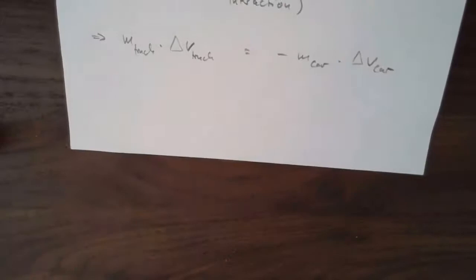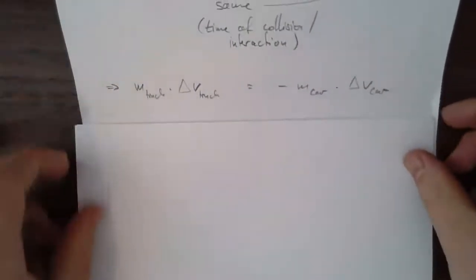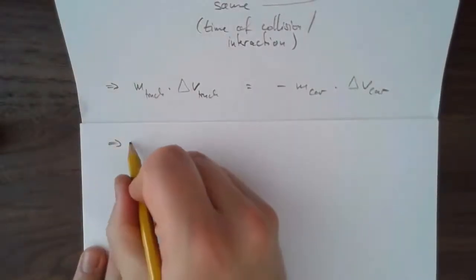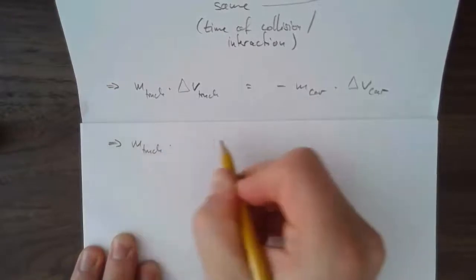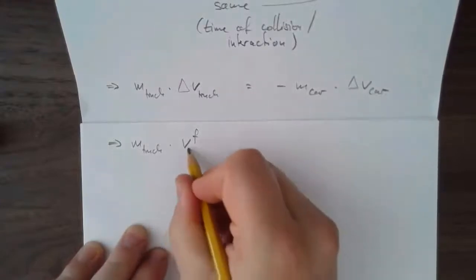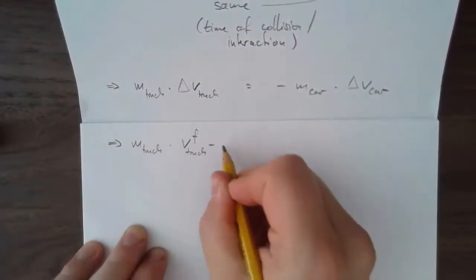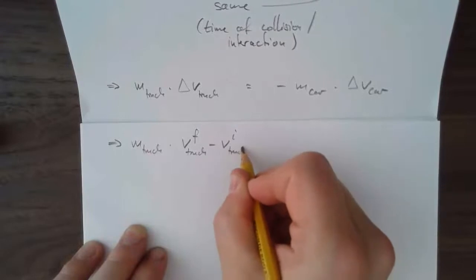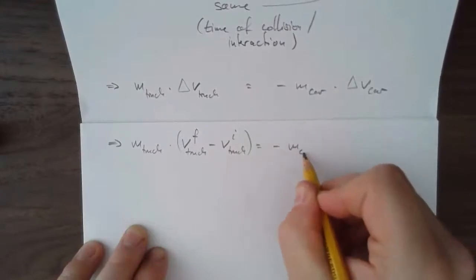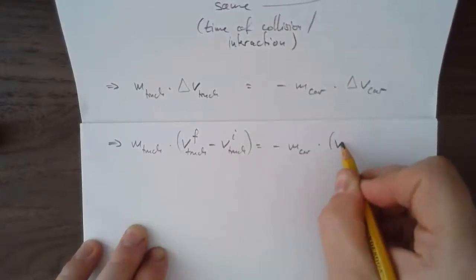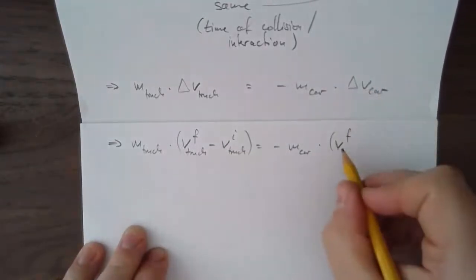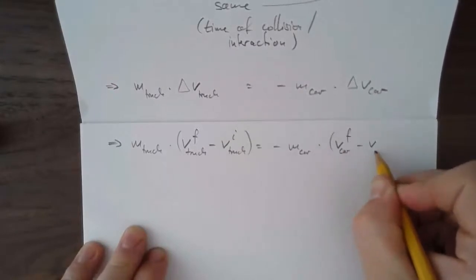So that implies I get that the mass of the truck times the final velocity of the truck, let me put the F up here because I would write truck down here, minus the initial velocity of the truck is equal to minus the mass of the car times the difference in the velocity of the car, how that has changed over the course of the collision. So I can write that like this.